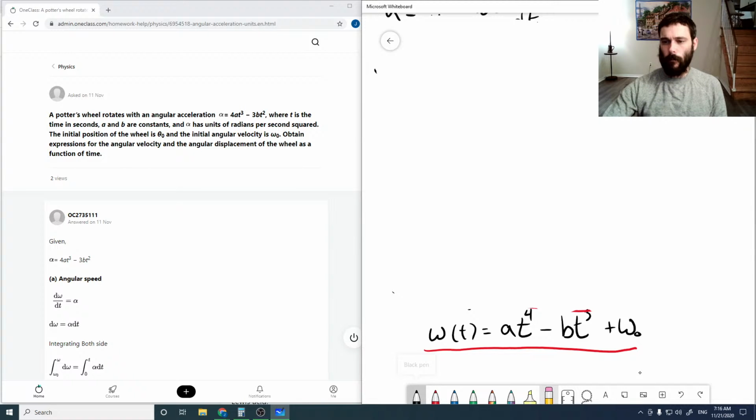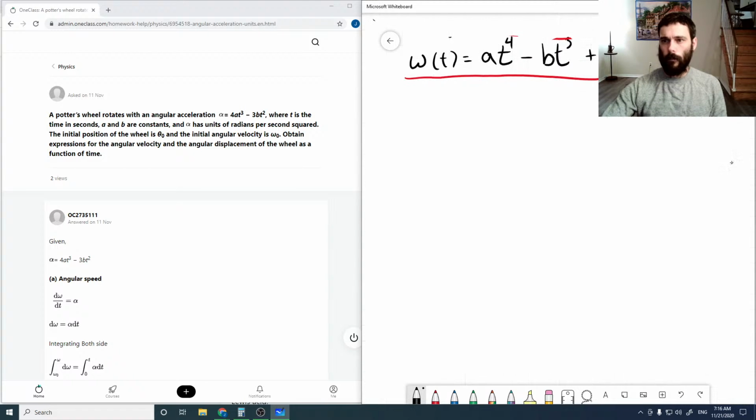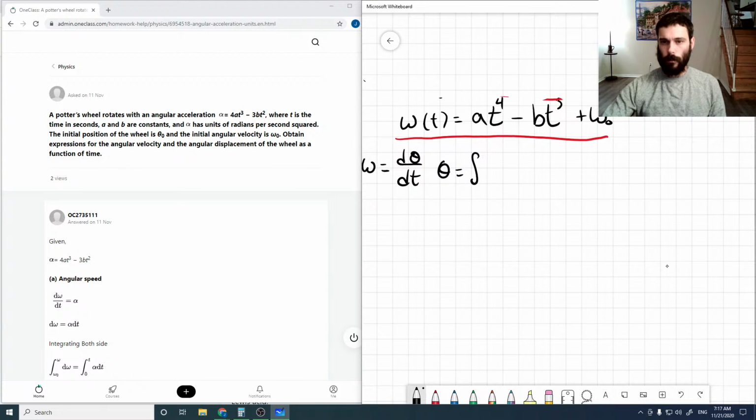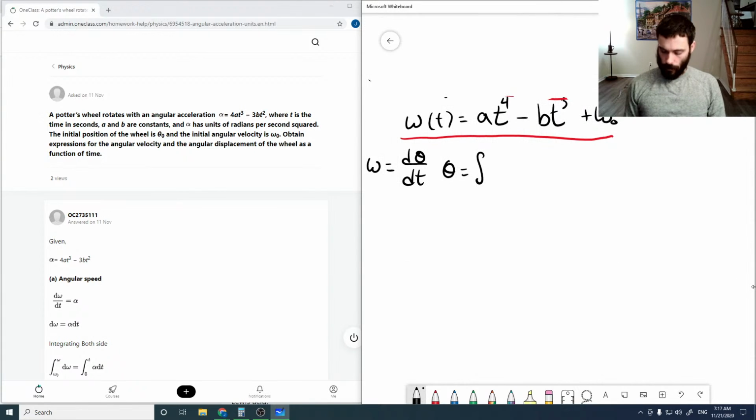And now starting off, so again, omega is d theta by dt. So that means that our theta is the integral of, I just realized that this is a bad migration, so I'm going to go down here a little bit. Theta is the integral of d theta from theta naught to theta t.